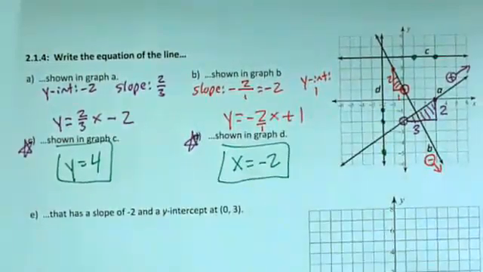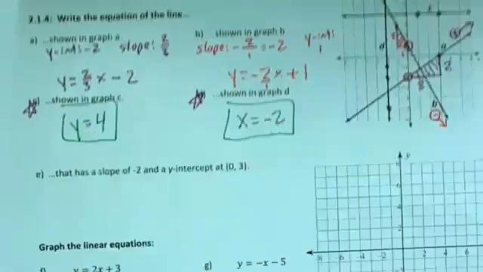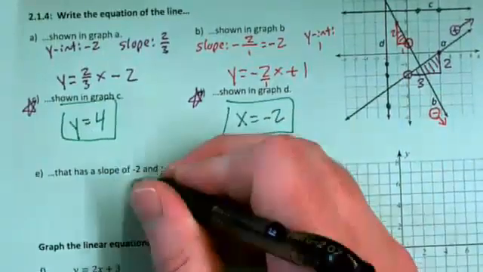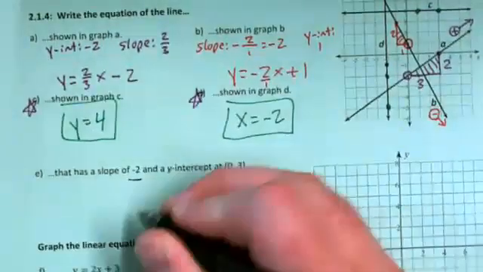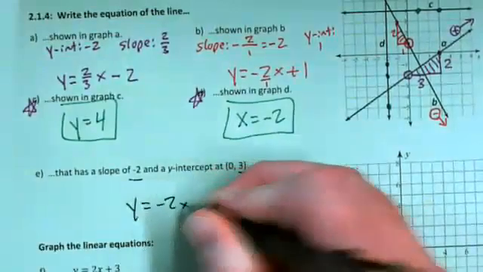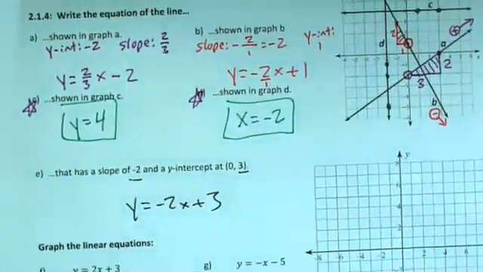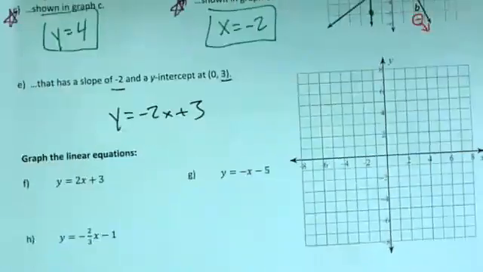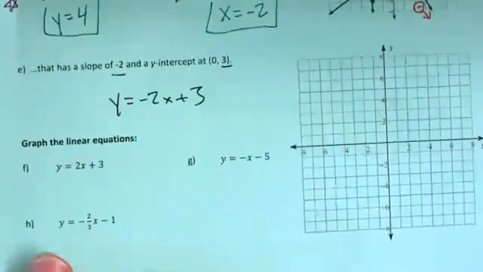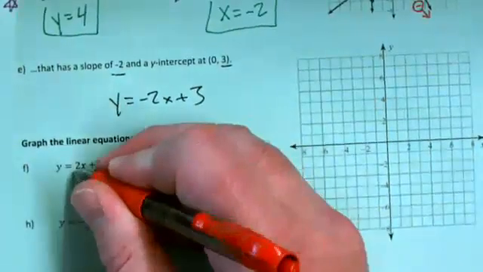Okay. All right. This last one was the easiest one because they gave us everything we needed to know to write the equation. The equation is just y equals -2x plus 3. I didn't need to draw it or anything. We've got all the information there. All right, let's check these 3 at the bottom. We got y equals 2x plus 3. That's really 2/1.